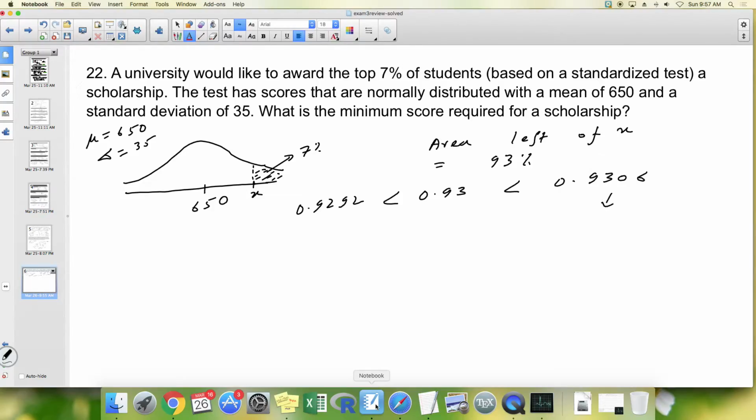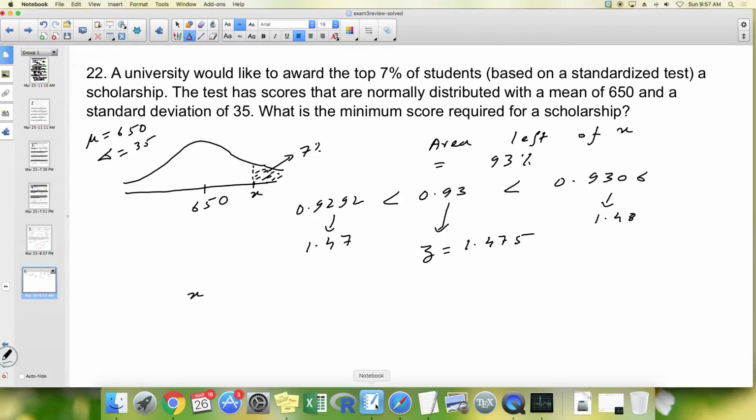The z-score for this is 1.48. The z-score for this is 1.47. So our required z is 1.475.